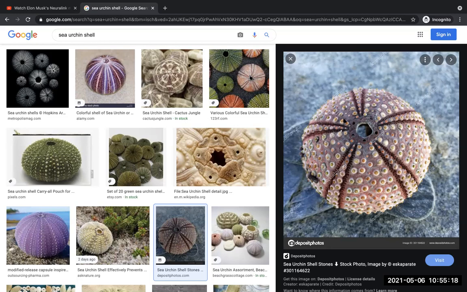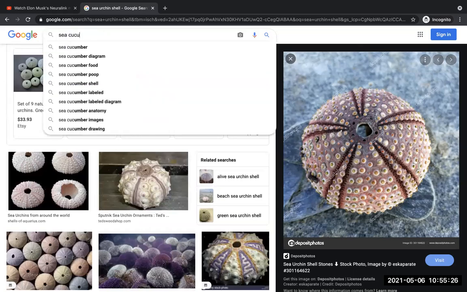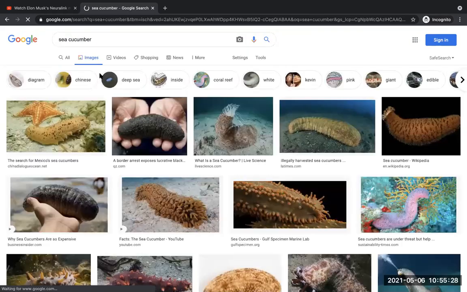If you take this shell and you flop it and stretch it out, it's going to give you something like a sea cucumber. This is a sea urchin stretched out. The sea cucumber eats dirt, and then it poops out dirt, and the dirt that it poops out is usually clean. So whatever is in the dirt, it just absorbs that.